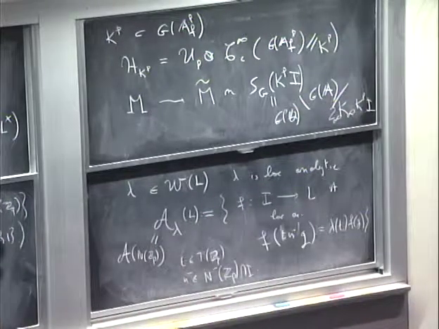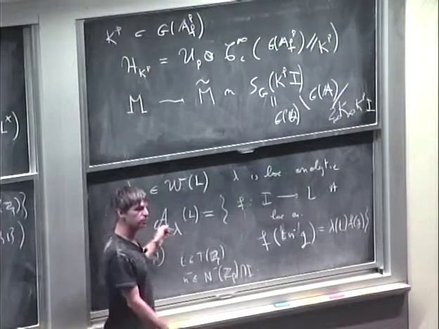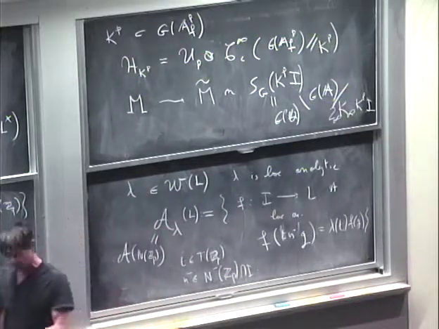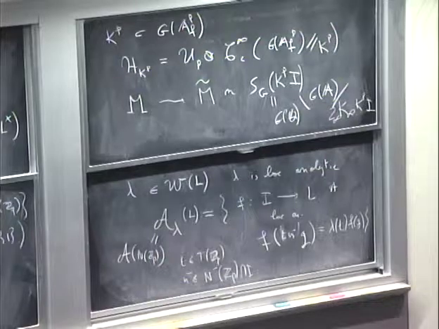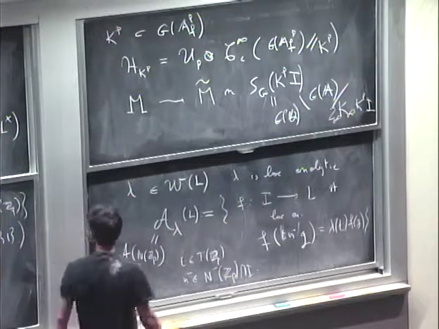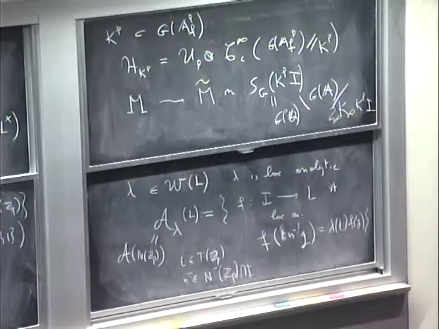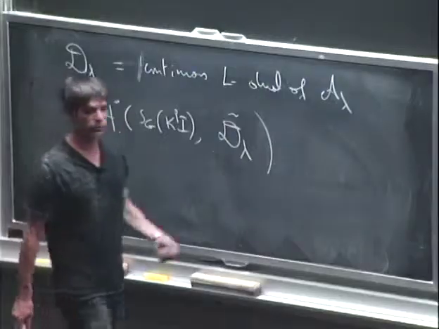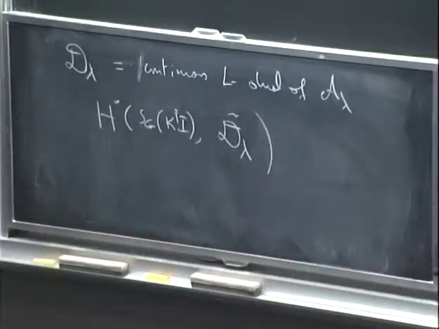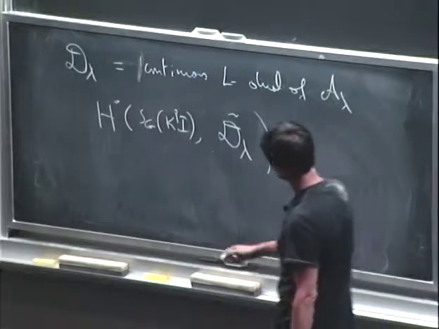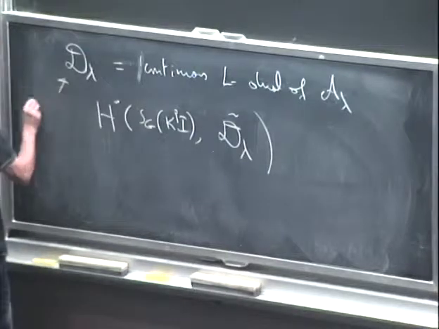And so you can therefore see A_lambda as an inductive limit of Banach spaces. And actually, the inclusions are compact maps for the topology. And therefore, you can see that D_lambda is what we call a compact Frechet space, which is a projective limit of Banach spaces with compact transition maps. So compact Frechet.